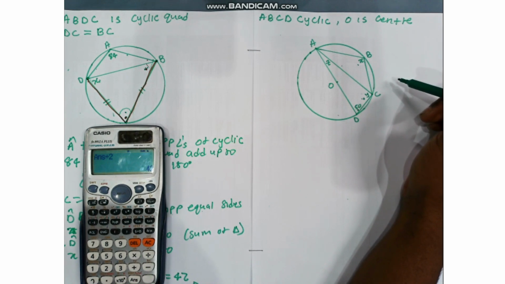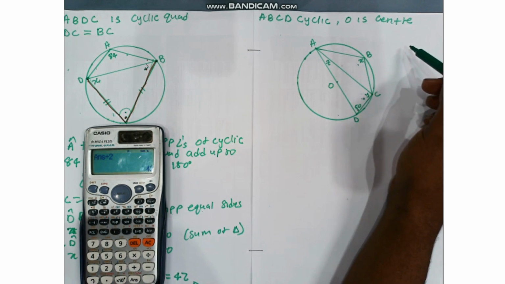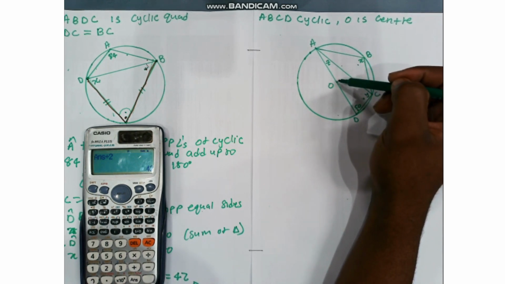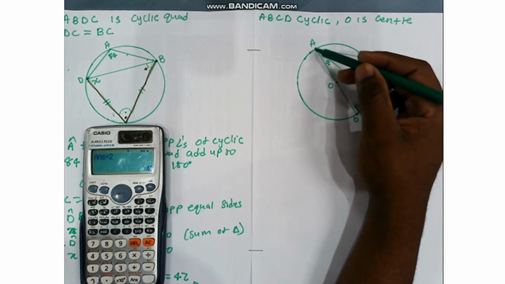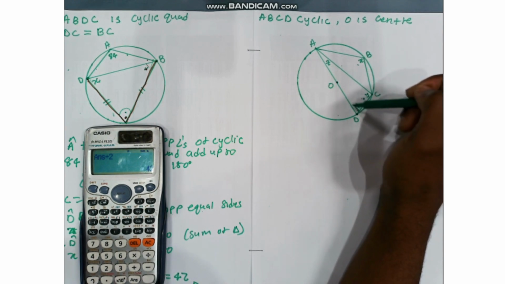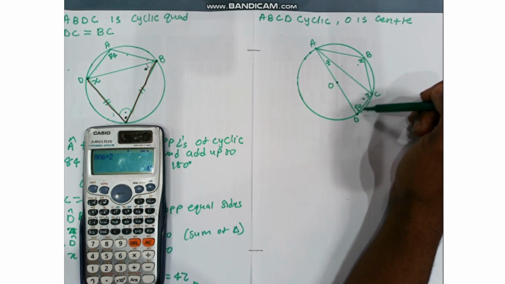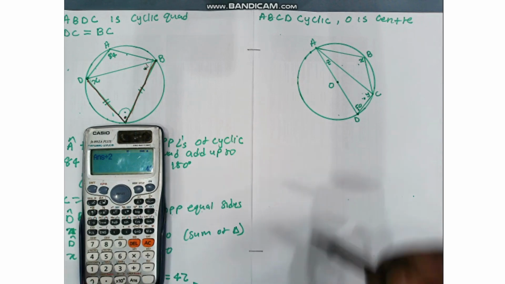Now, they are saying O is a center. If O is a center, somewhere, somehow, we must have a radius. So AO is a radius, OD is a radius. But these two radii pass through what? Our center, which is forming what? A diameter. If it's forming a diameter, somewhere, somehow, we must see, do we have a semicircle?